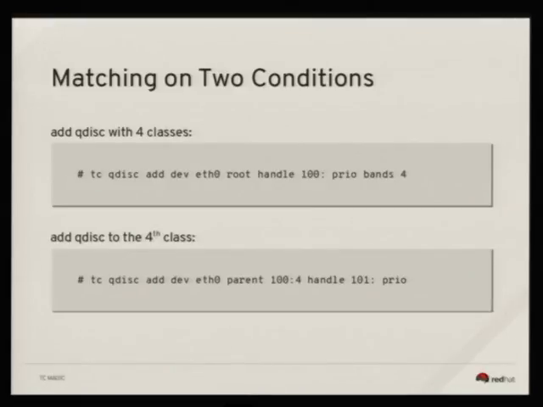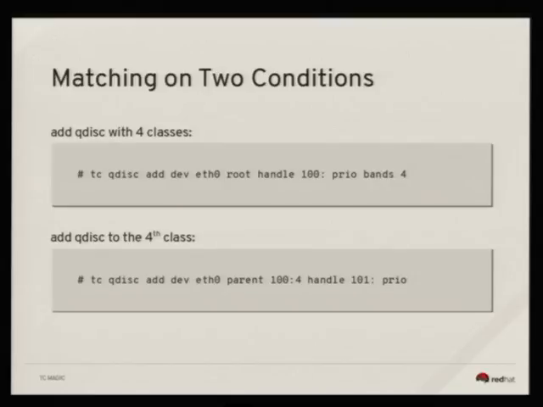How can we match on two filters? So the first thing to remember is the picture that was shown, I don't know, half an hour ago, with the class for Qdisc, which had multiple classes. Let's add one.